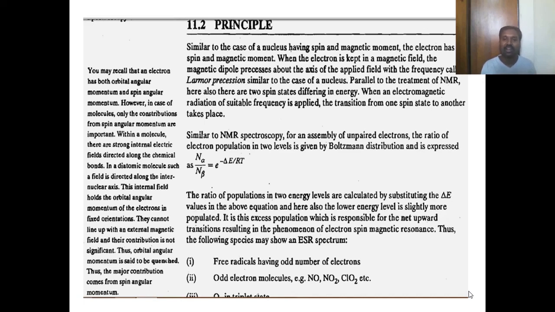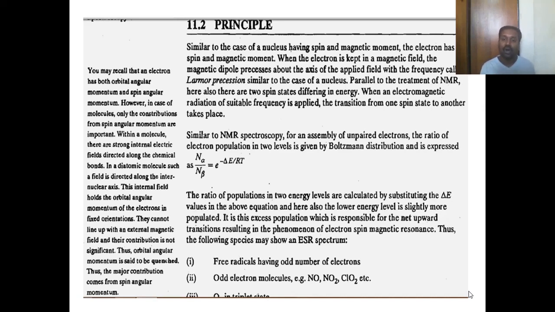The orbital angular momentum would have already formed a fixed orientation which cannot be further altered because of the influence of the internal electric field in the molecules. Please remember, the orbital angular momentum is said to be quenched in molecules, not in atoms. And in chemistry, we always look into the structure of molecules. So in molecules, the orbital angular momentum is said to be quenched.